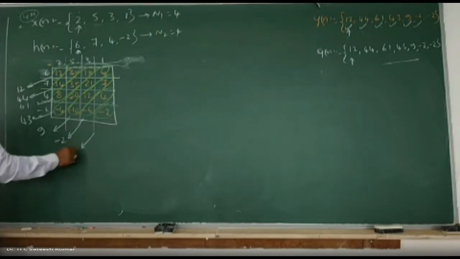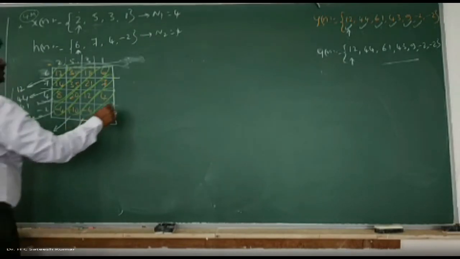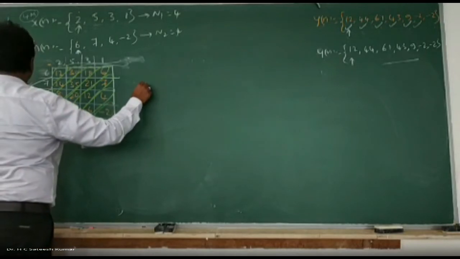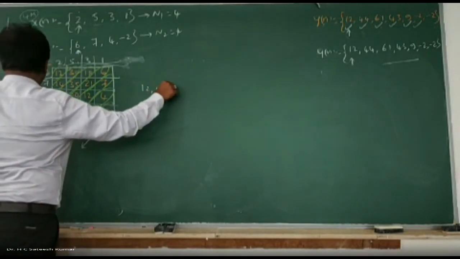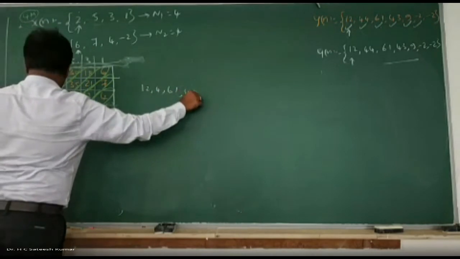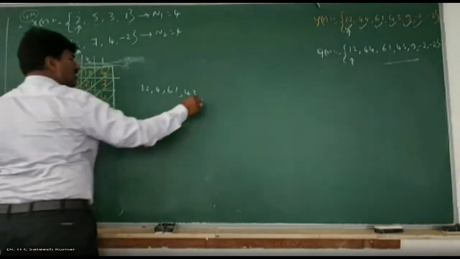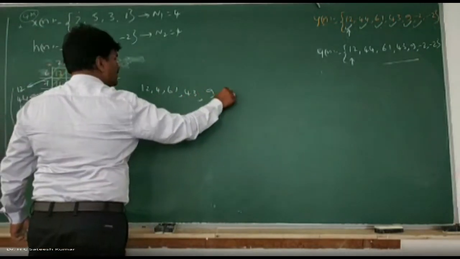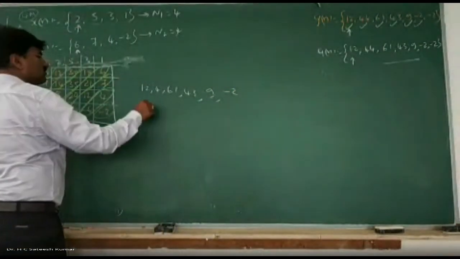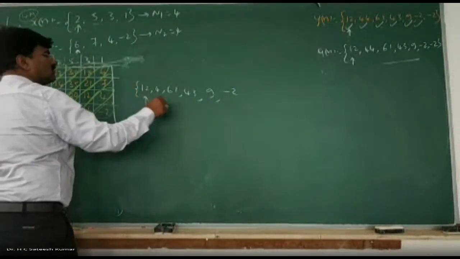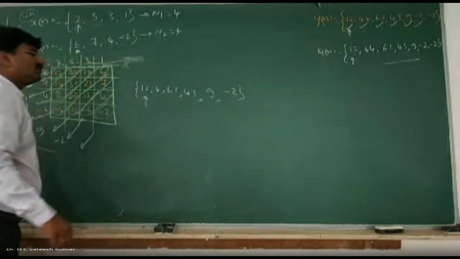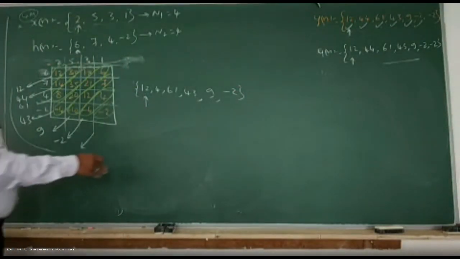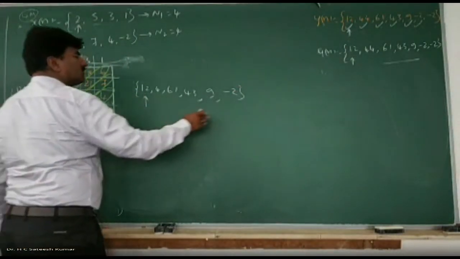So like this we get the elements. That means 12 comma 44 comma 61 comma 43 comma 9 comma minus 2. Okay, right? So put the arrow mark here. That's how we should do it. This is another way of doing the problem.